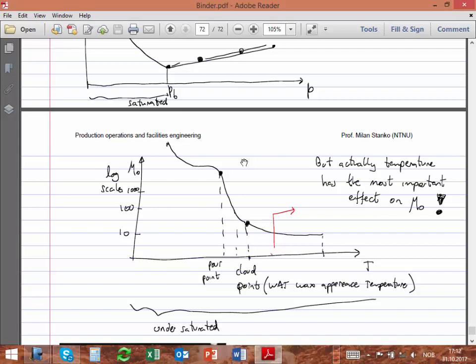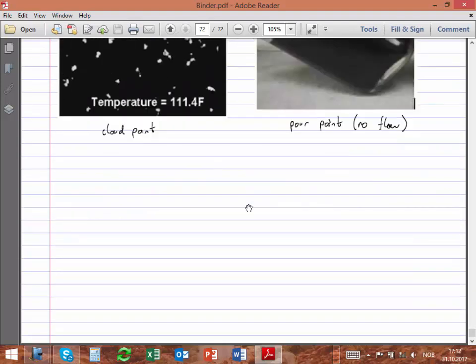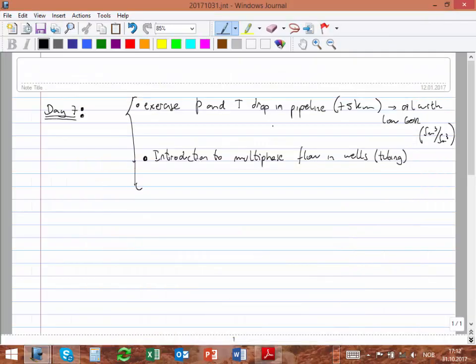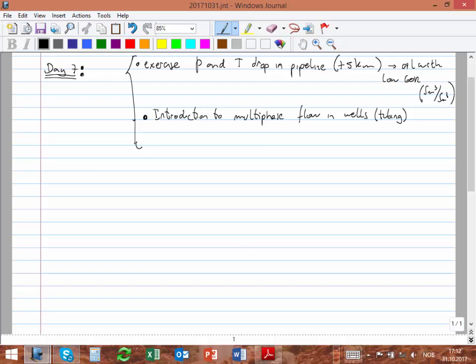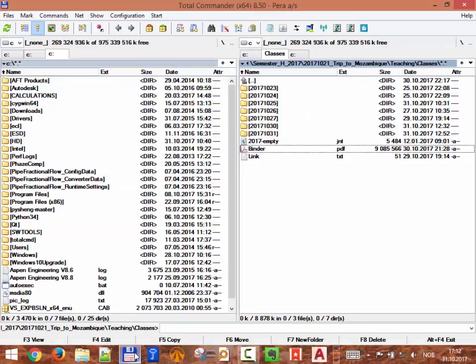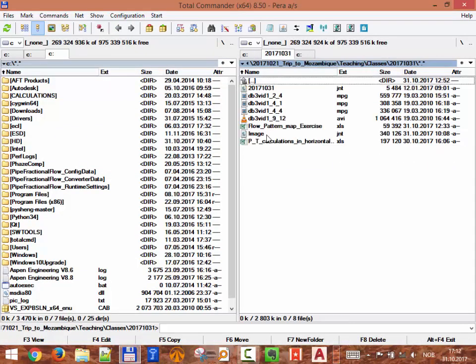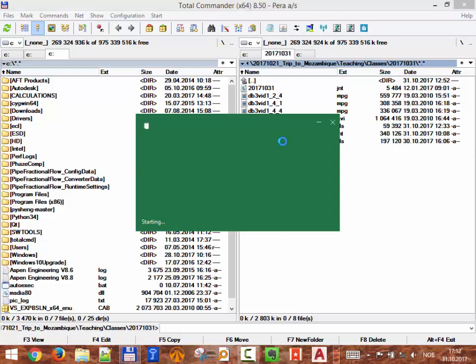You don't have a function, but you basically have to interpolate on the table. Okay, so that's the background for the exercise today. The exercise, which I gave last class but we didn't have time to go through, is called pressure and temperature calculations in horizontal flow line or pipeline.